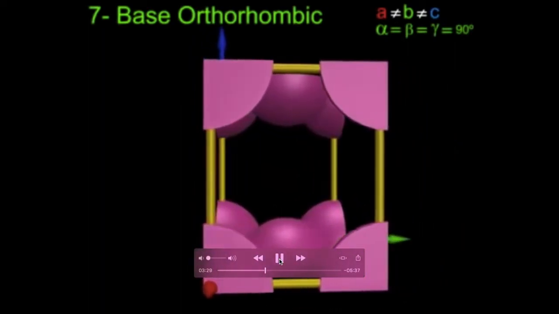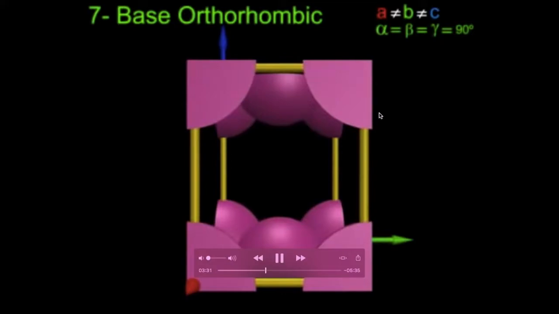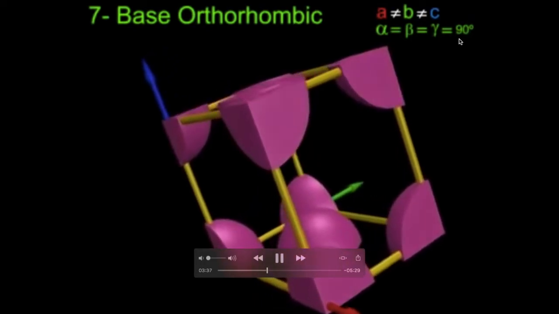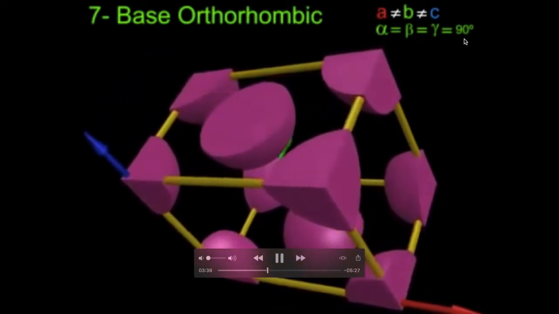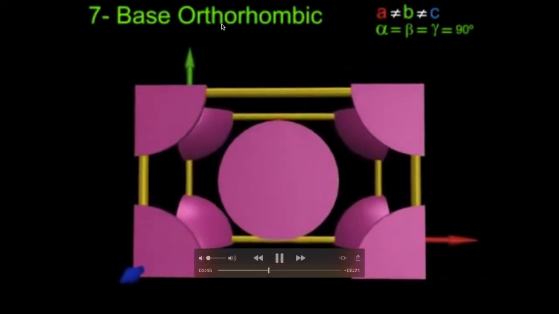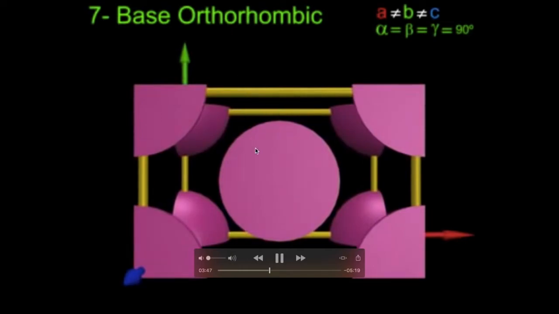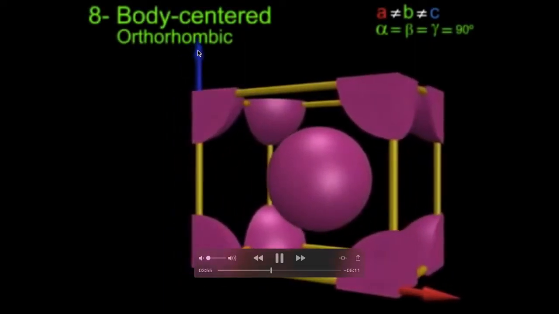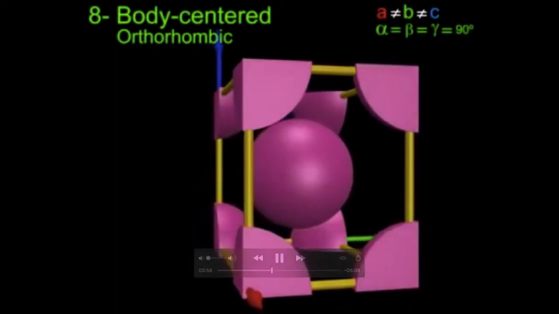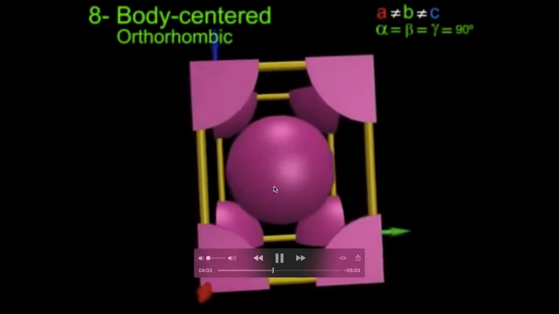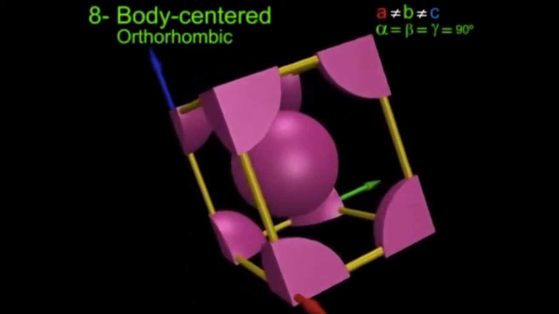In the orthorhombic unit cell, all three sides are not equal to each other, but all angles are equal to 90 degrees. In base centered orthorhombic, particles are present at the opposite faces. In body centered orthorhombic, particles are present at the corners as well as at the center of the unit cell.